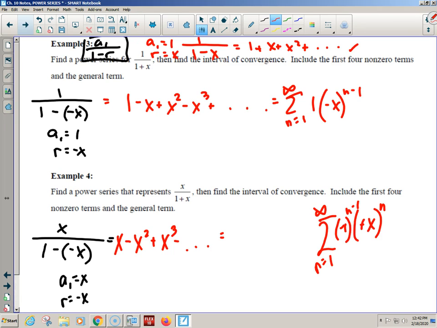We have to have the alternator be separate from the x, because the x's power does not line up with x to the 1, doesn't line up with negative 1 to the 1. I need negative 1 to be squared. We could do x times negative x. You want to do the a sub 1 times r to the n? Yeah. So I'm just saying, or we can follow that a sub 1.